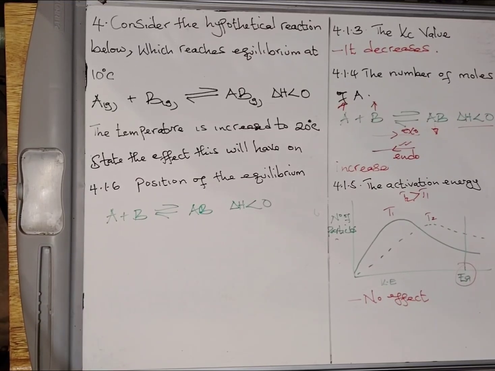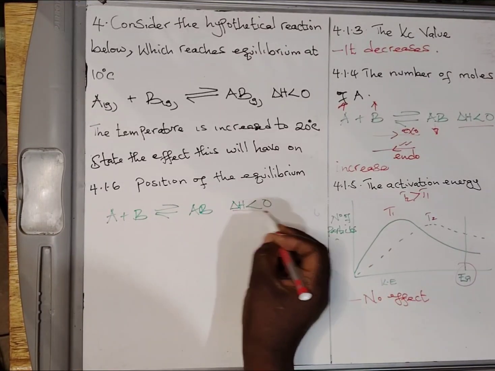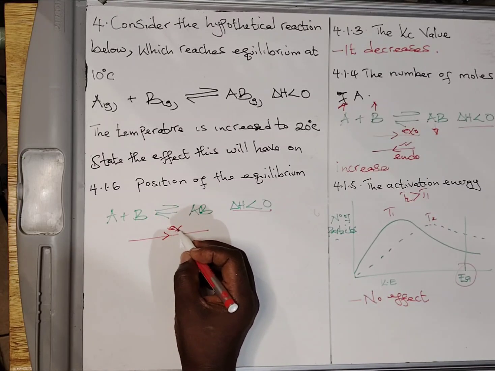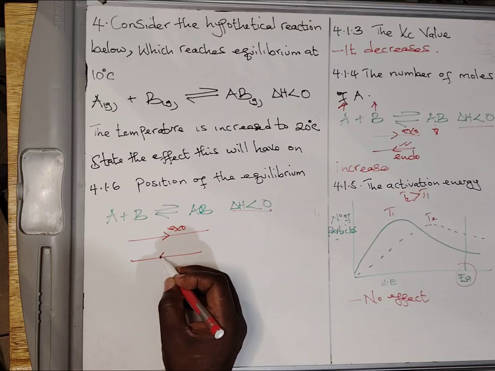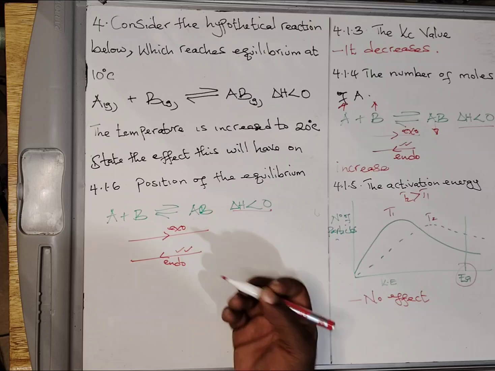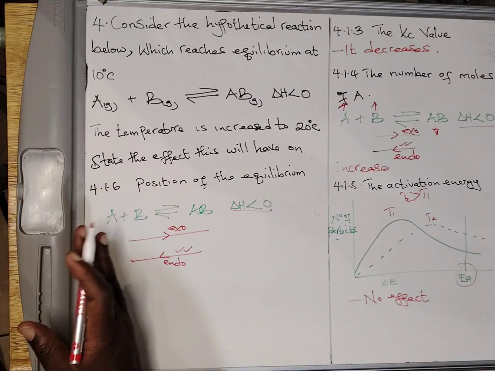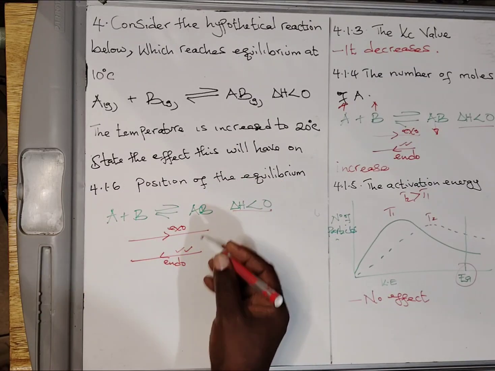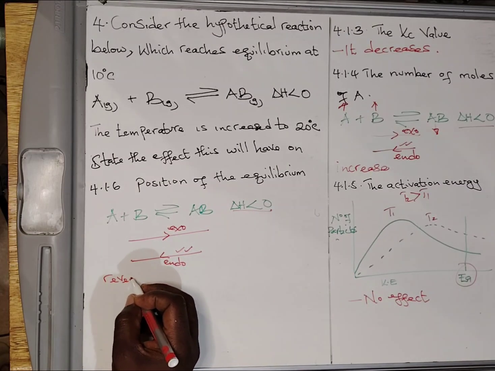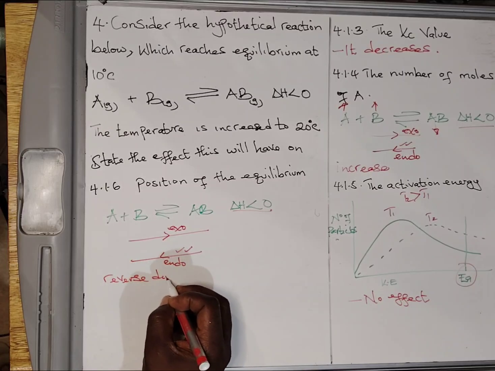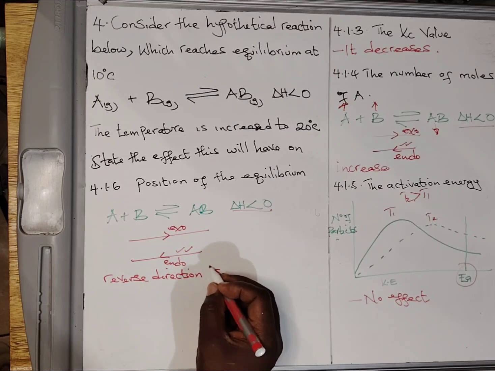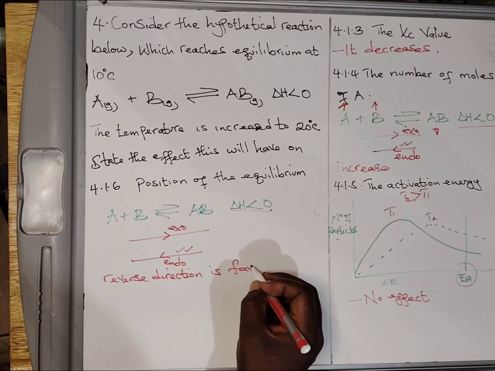Like before, we have the equilibrium, and we know that this one is exo and this one is endo. Increase in temperature favors endo. Endo means reverse. And that's the answer for the position. What's the position? Reverse direction is favored.